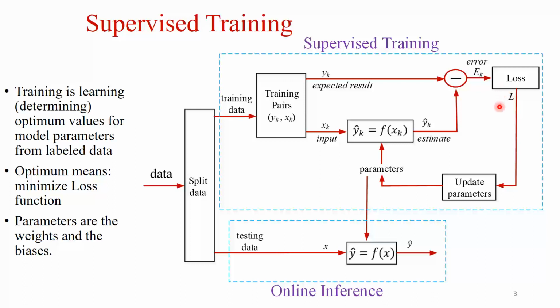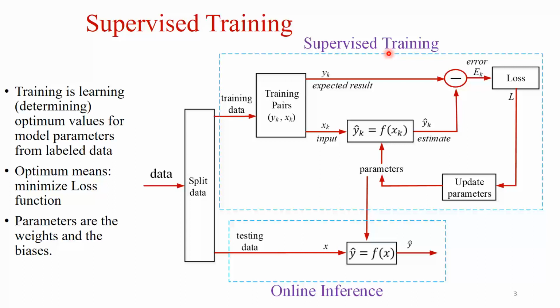Based on this minimization, we update the parameters to minimize the loss, and then we repeat the process again. We feed in the training pairs, generate estimated output, generate error, feed the error to loss function, update the parameters. We continue this process, and this is what we refer to as training, or more accurately, supervised training.